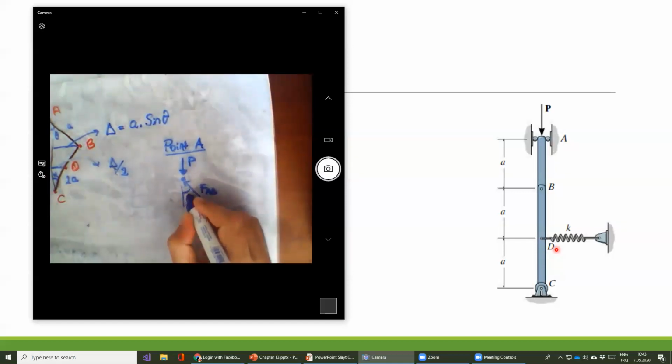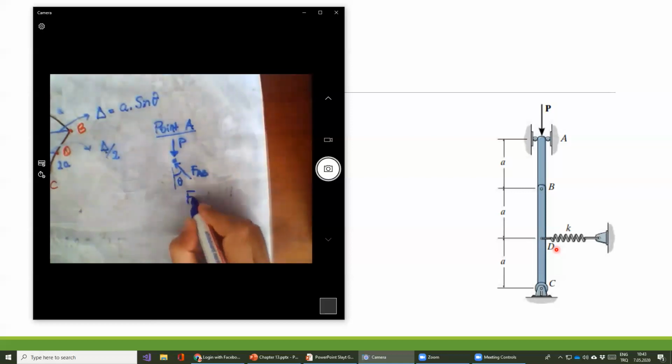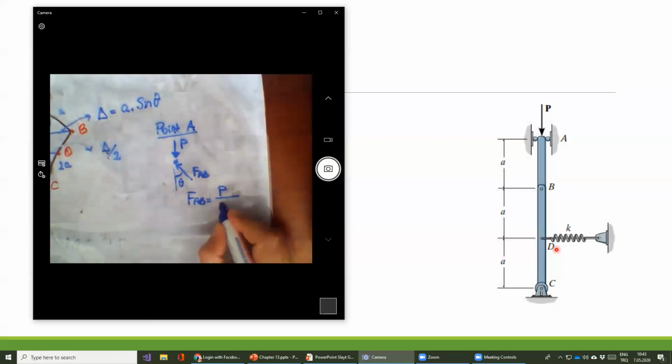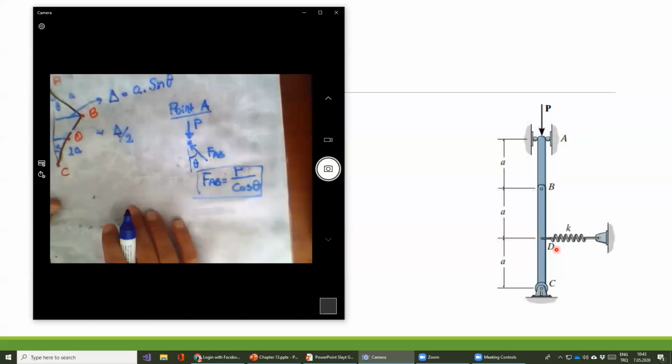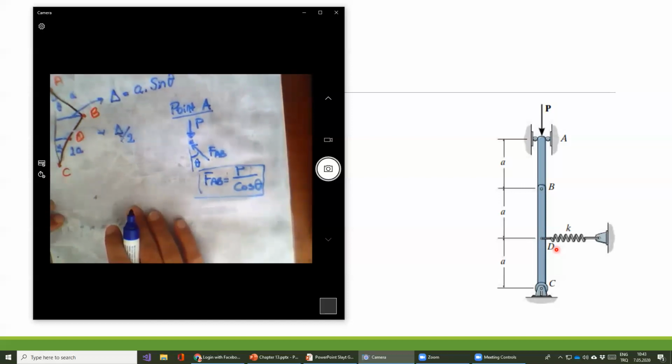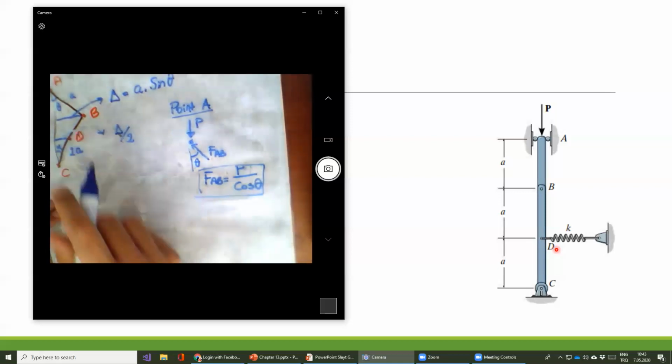I call this angle theta. So it's a similar way to the previous example. You can see FAB is equal to P divided by cosine theta. So we already found this. And let's continue. Also, we have one more angle in here.